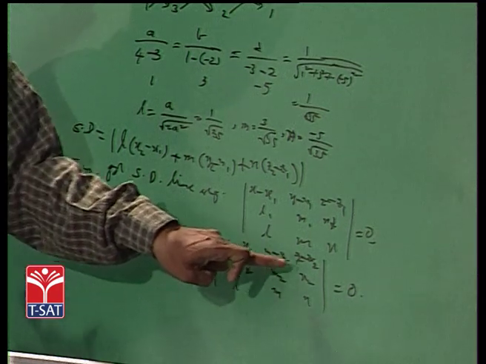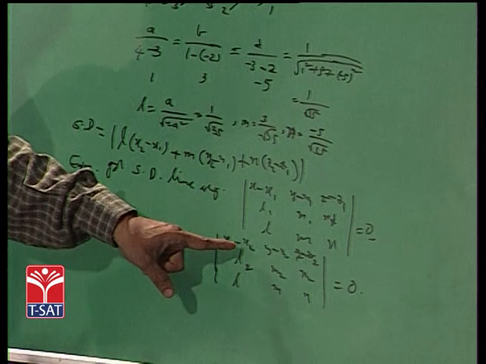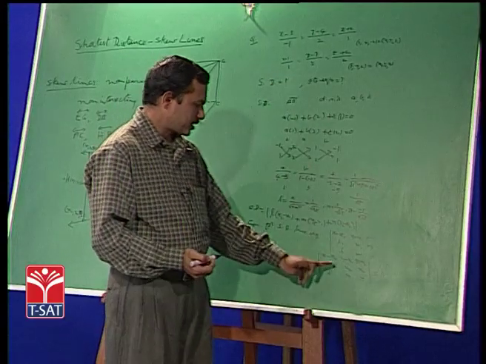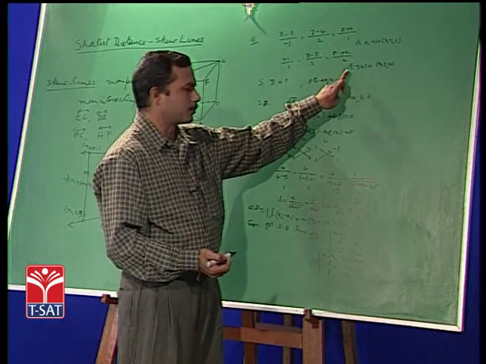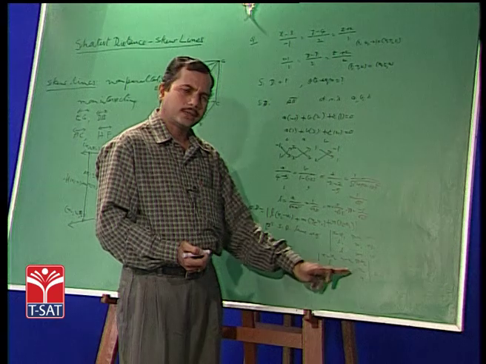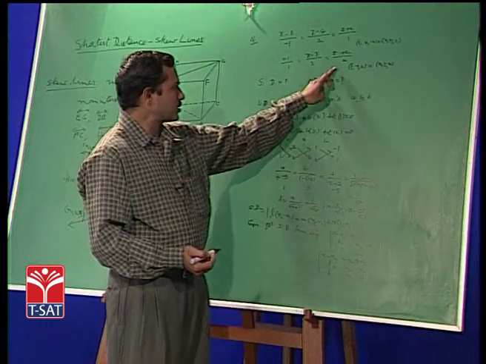Here x2 y2 z2 is a fixed point through which the second line passes. We can take x2 y2 z2 to be the ordered triple 1, 7, -2, and L2 m2 n2 are the direction ratios of the second line. They are 1, 3, 2 respectively.